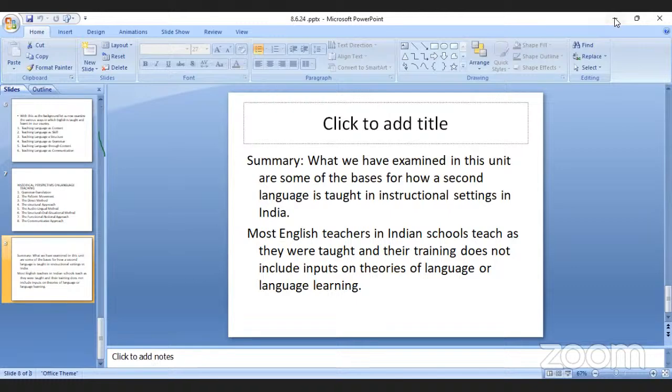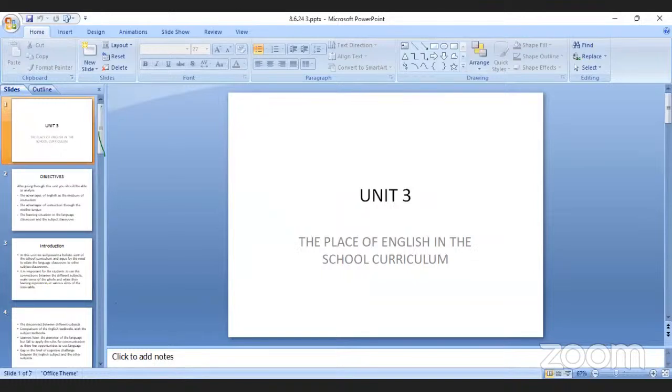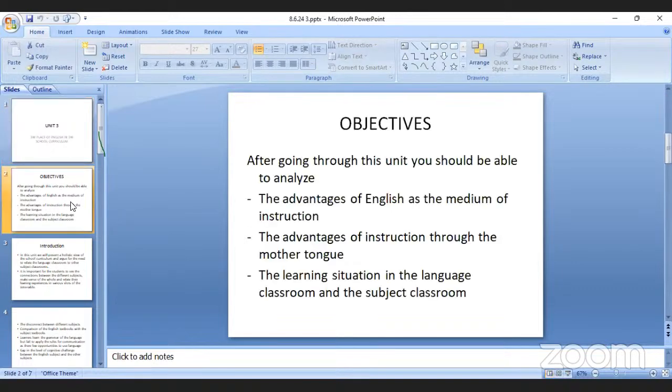The third unit is the place of English in the school curriculum, right? Now, what are the objectives of this unit?